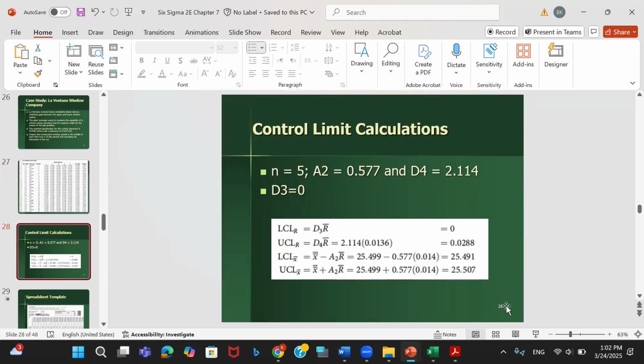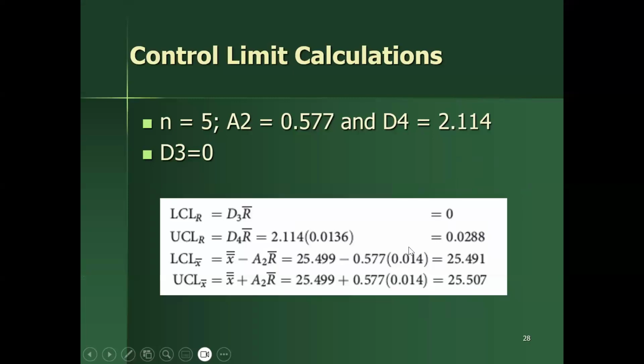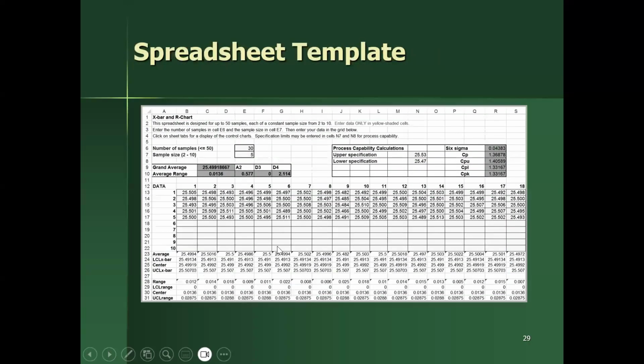But this example is just to demonstrate how to extract the information from the table and find X double bar, which is calculated, minus A2 from the table times R bar. In this way, I find the upper control limit X bar and the lower control limit X bar.